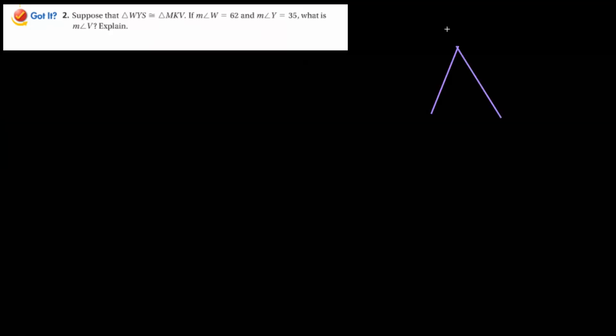Now, look at this one here. Suppose that triangle WYS is congruent to the triangle MKV. So here I have the first triangle WYS, which is congruent to the other triangle named MKV.